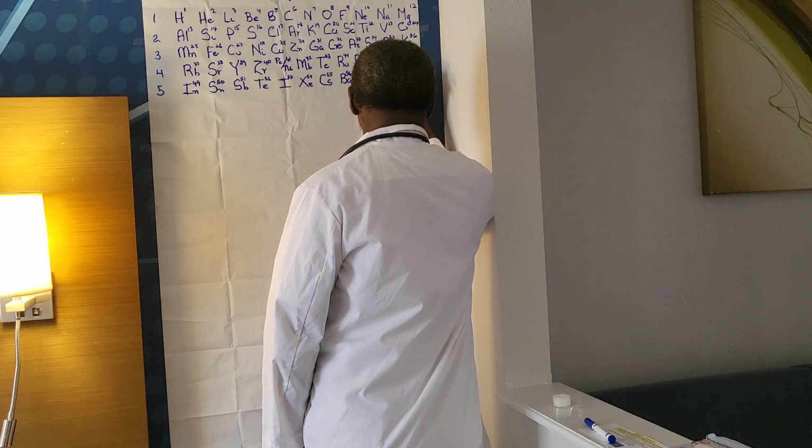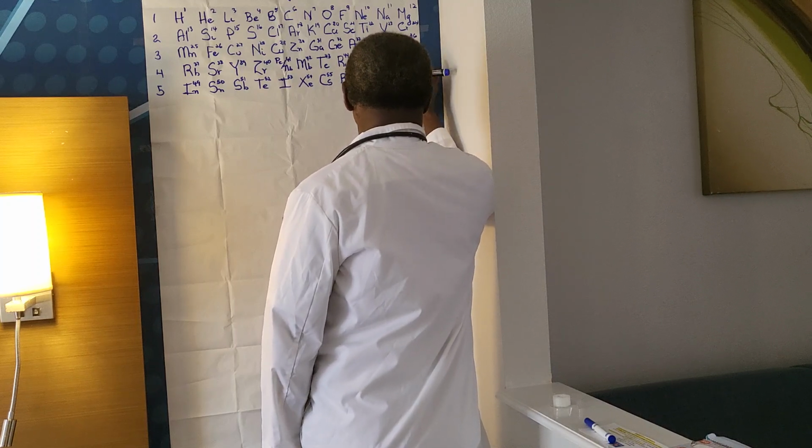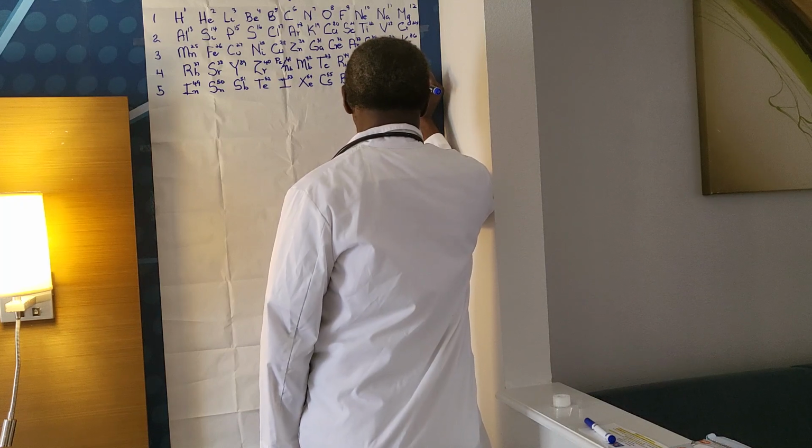Let's put a circle around it here to differentiate it from silver here. 60 would be neodymium, Nd.